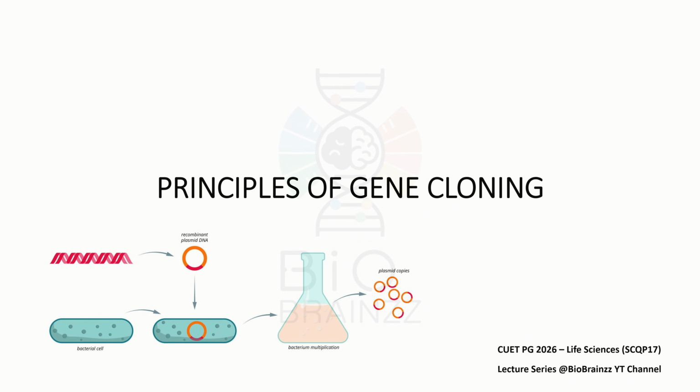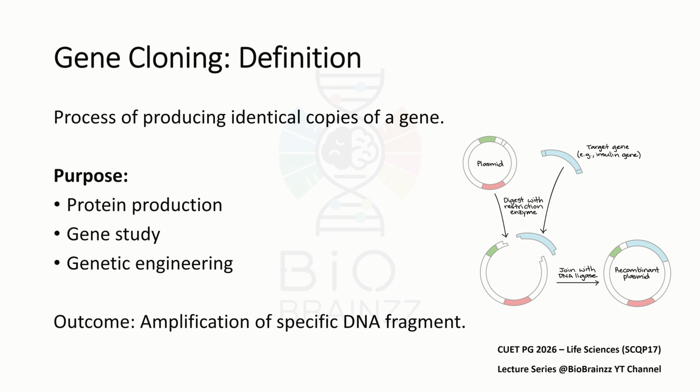Having understood the tools, we now move to gene cloning, the practical process of producing multiple identical copies of a specific gene. This is the operational application of recombinant DNA technology. Gene cloning is the process of isolating a specific DNA segment and producing numerous identical copies through biological replication.